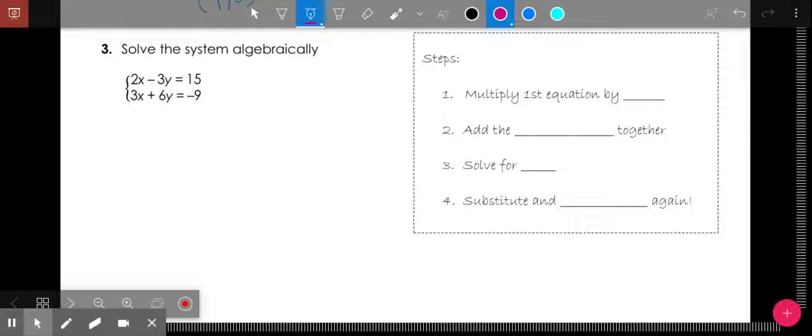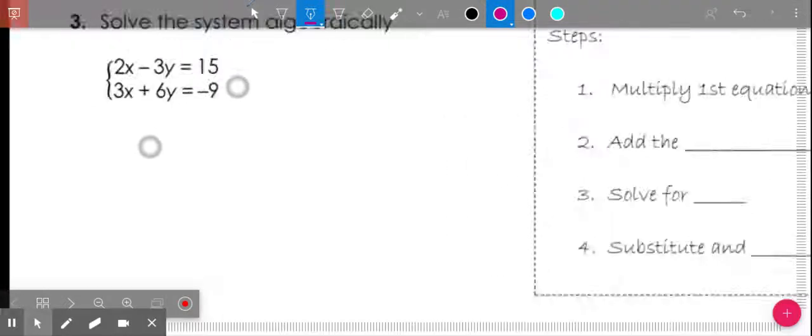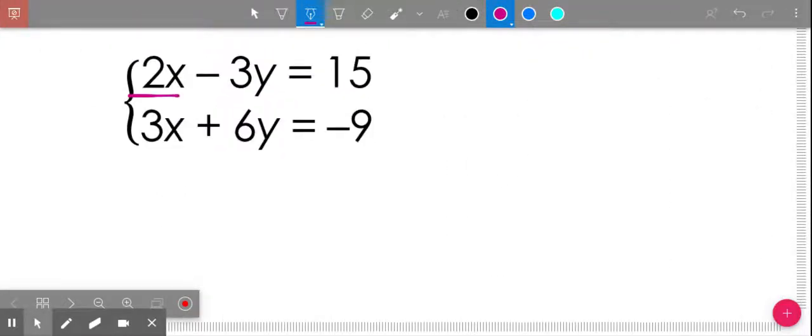So we have solved the system algebraically. We have 2x plus 3y equals 15, and 3x plus 6y equals negative 9. But if I look at this, 2x and 3x don't cancel, and negative 3 and 6 also don't cancel. So this is where we have to use that mystery step. We have to figure out, what can I multiply one of these equations by to make them cancel?